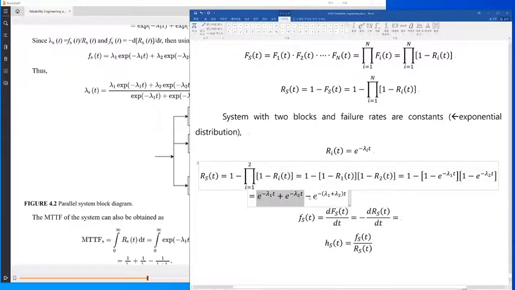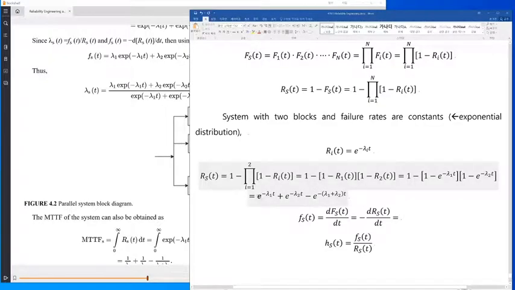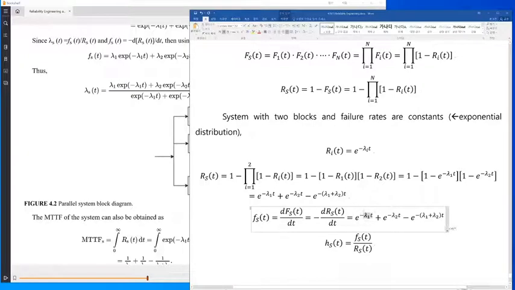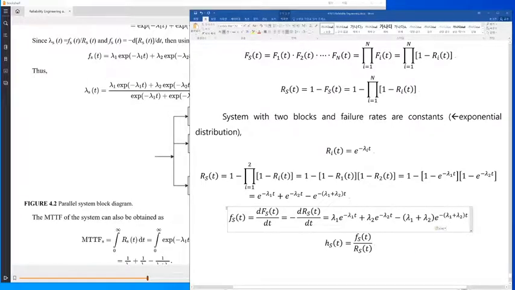So if this is the reliability of the system, then if we differentiate the first term, what we are going to get is lambda 1 exponential minus lambda 1 t. The second one, lambda 2 exponential minus lambda 2 t. And the third term, minus lambda 1 plus lambda 2 exponential minus lambda 1 plus lambda 2 t.